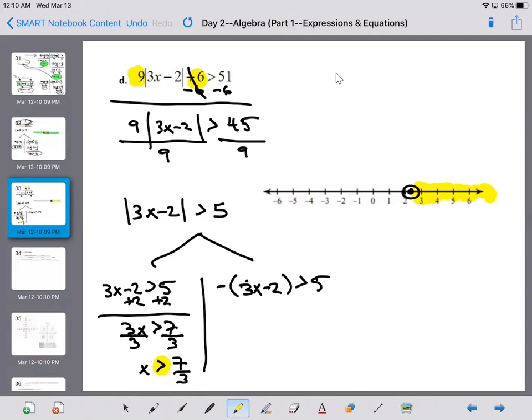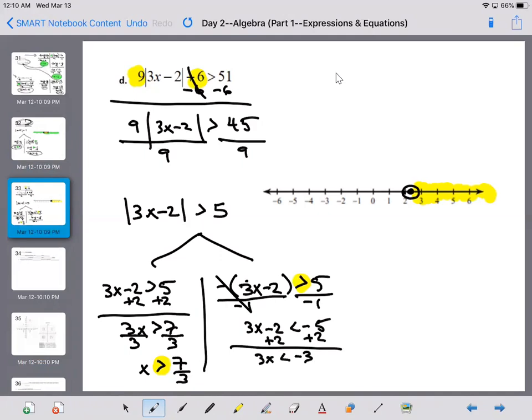And then I want to come over here and solve this one, and I'm going to divide by negative 1. So when I do that, that's going to give me 3x minus 2, but I divided by negative 1, so this has to change to less than negative 5. I'm going to add 2. So 3x is less than negative 3, so x is less than negative 1.